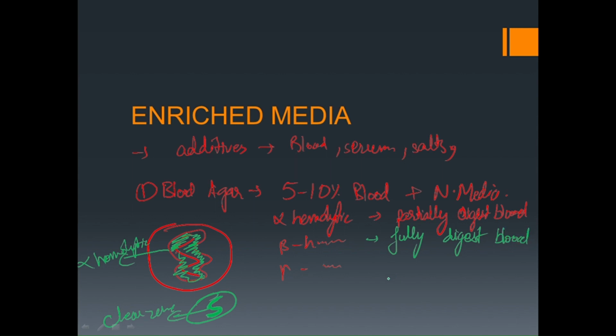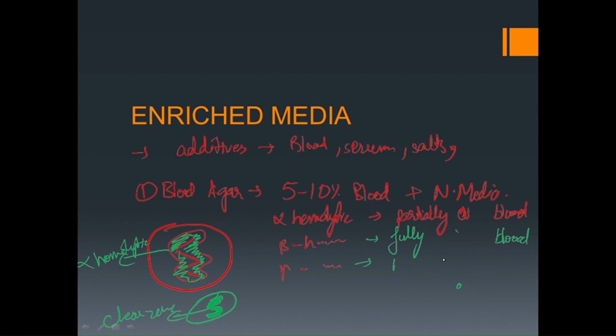Since they fully digest blood, the blood agar's blood will be digested around the colonies. And about gamma hemolytic, they have no effect, since they are non-hemolytic, that's why they don't have any effect in case of blood agar.